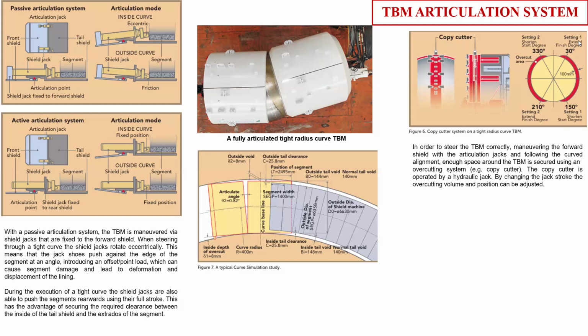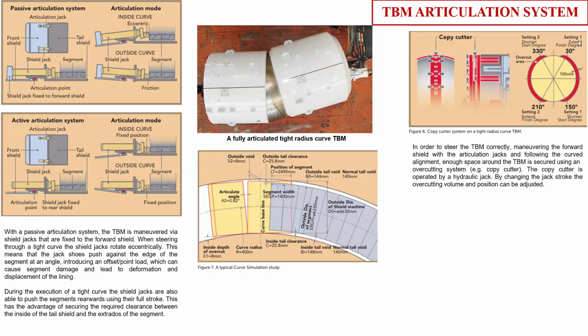The shield is not appropriately in line; it is not following the pattern the articulation jack is dictating. So nowadays they have gone with an active articulation system. Even in a curve, the TBM shield almost follows the curve pattern, and the installed segments also follow the shield and the curve.